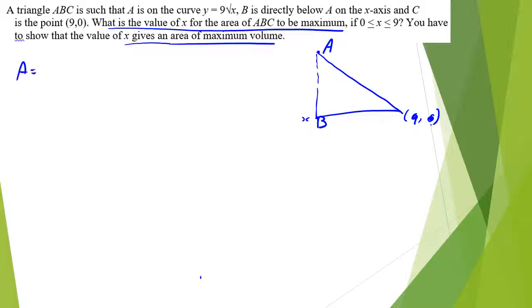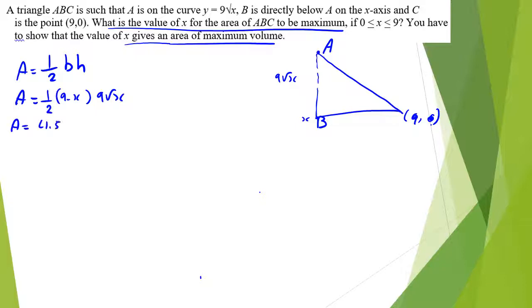So the area of a triangle is half base times height. Because this starts at 0, the height of the triangle is 9 square root of x, because that's the y value of A. So 9 square root of x. The base of the triangle is 9 minus x, and times half.